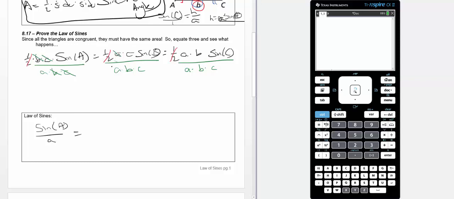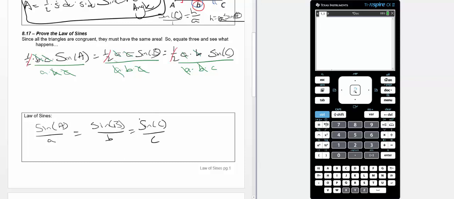In the middle one, a cancels with a, c cancels with c, and the only thing you're left with is this ratio, sine b over little b. And unsurprisingly, a cancels with a, b cancels with b, and the only thing left in this third ratio is sine c over c. This relationship is called the law of sines.